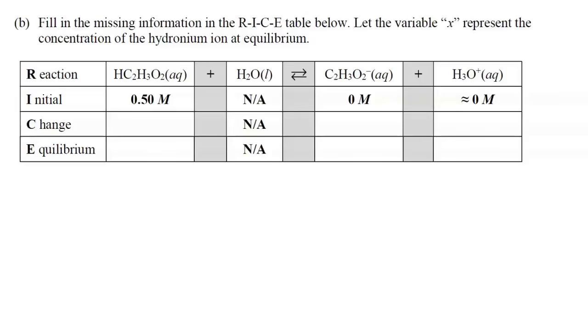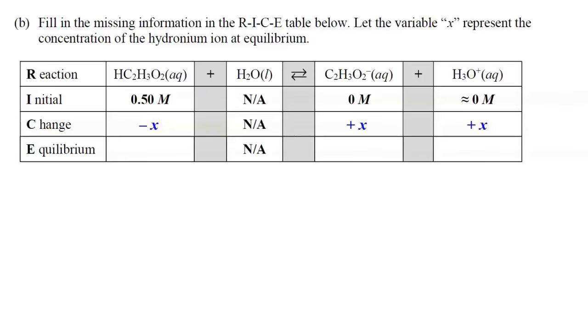Now, as this reaction takes place between acetic acid and water, some of the acetic acid will be consumed. So it's going to be a change of minus x, because we don't know what that value is, at least not yet. As this reaction proceeds, the concentration of the acetate ion will increase. That'll be a change of plus x. And of course, because of the 1-to-1 ratio between the acetate ion and the hydronium ion on the right side of the equation, the change in the concentration of the hydronium ion will also be plus x.